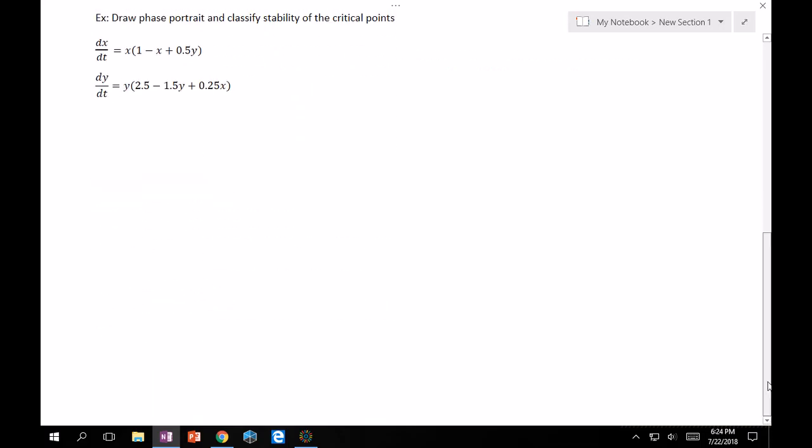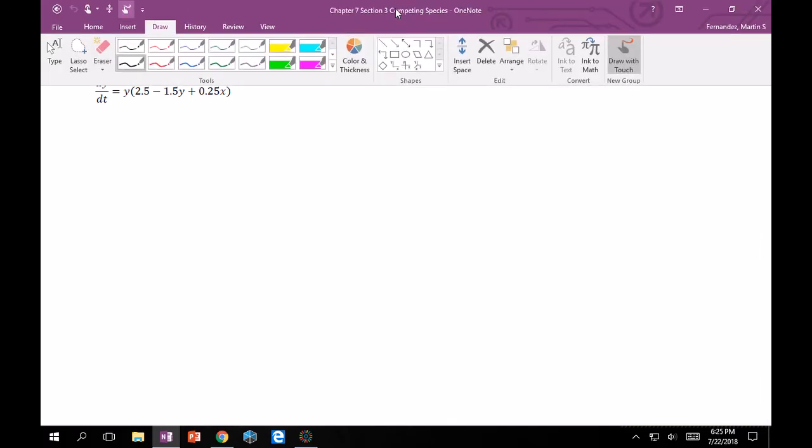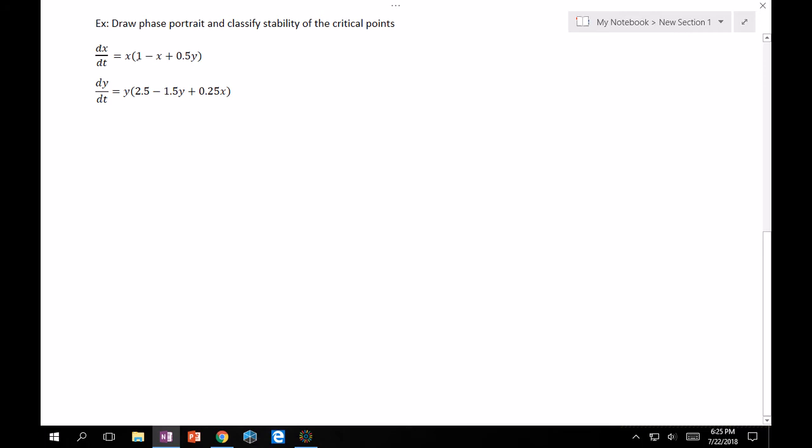Great. So the task at hand is to draw the phase portrait and classify stability of the critical points. As always, employ the method of first case, second case, third case, and fourth case, and also multiply this out just so that there's less chance for error.